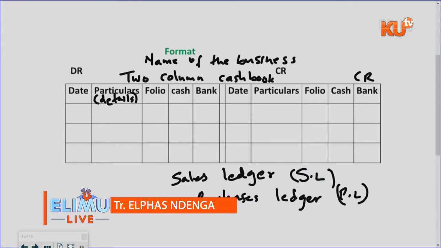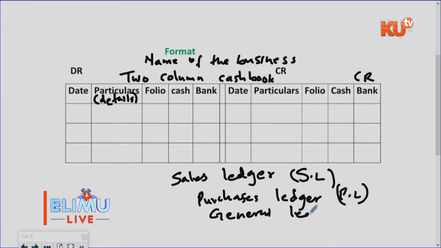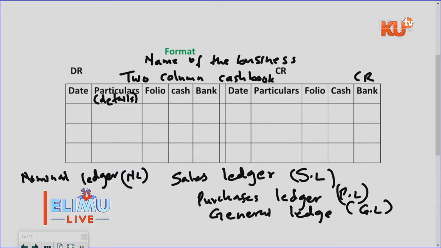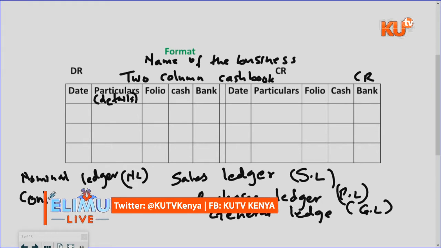We can have information from the general ledger, and we shall use GL. We also have what we call the nominal ledger, and in this case, we will use NL. And in some cases, we'll end up with what we call a contra entry. A contra entry, and in this case, we will use C.